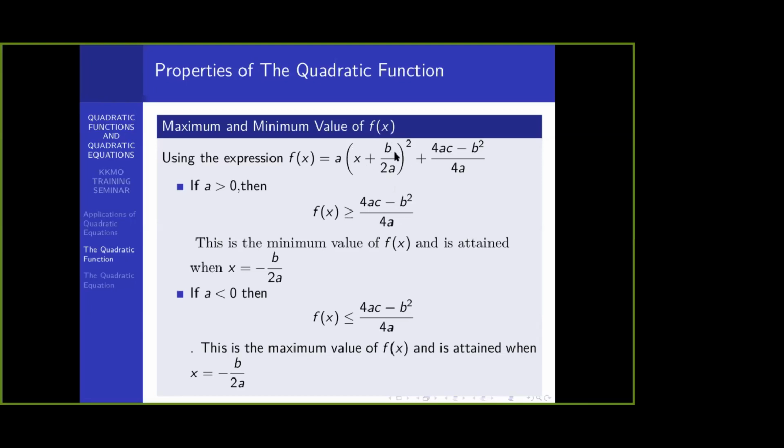And when this term is 0, then the maximum value will be, again, 4ac minus b squared over 4a. And again, it is attained when x is equal to minus b over 2a. So with this, we're able to determine the maximum value of the function if a is negative, and the minimum value of the function if a is positive.